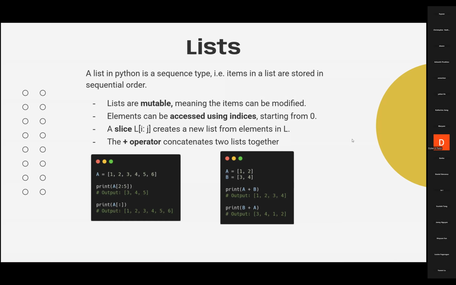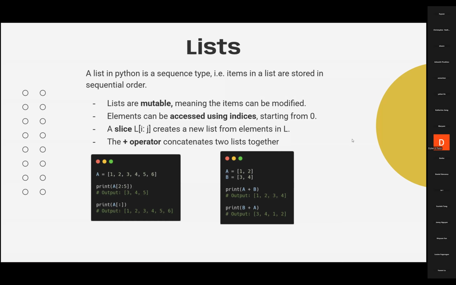Lists are mutable, which means that we can change them without creating a new thing. For list operations, there are two types. The first type is we just modify the original list, and the second type is that we create a new list.